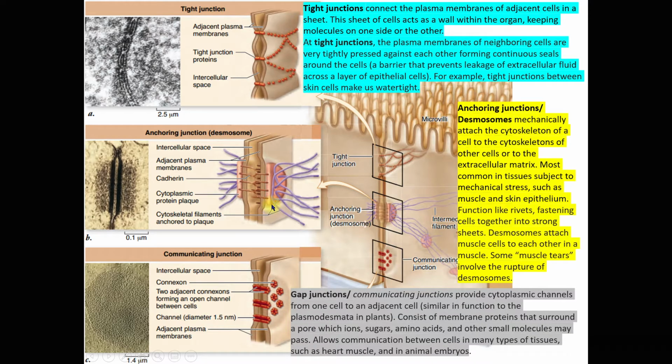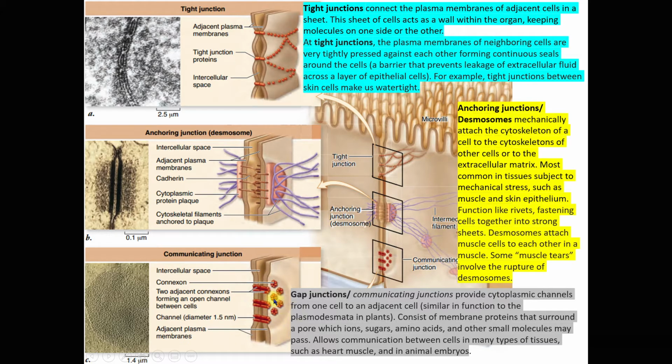Alright, communicating junction, or also known as gap junctions, provide cytoplasmic channels from one cell to an adjacent cell. Maksudnya, cytoplasm di sini, sel ini, bebas masuk dan bergerak ke cytoplasm sel bersebelahan di sini melalui gap junction ni, ataupun junctions ini, right?